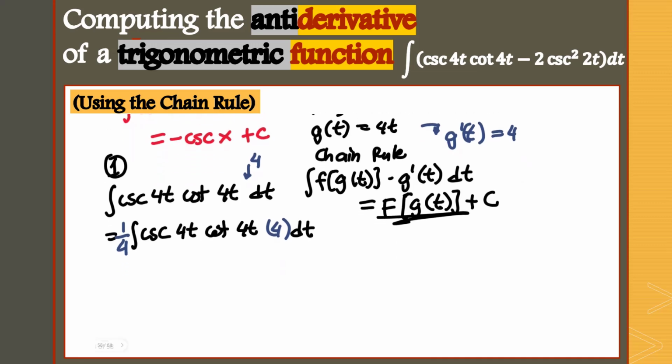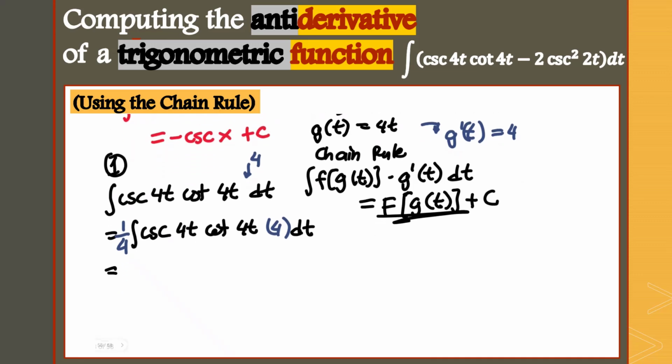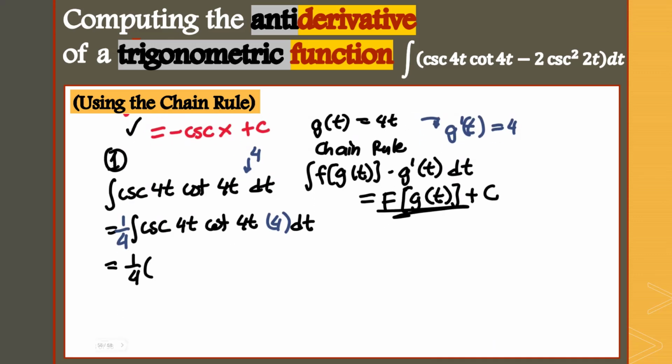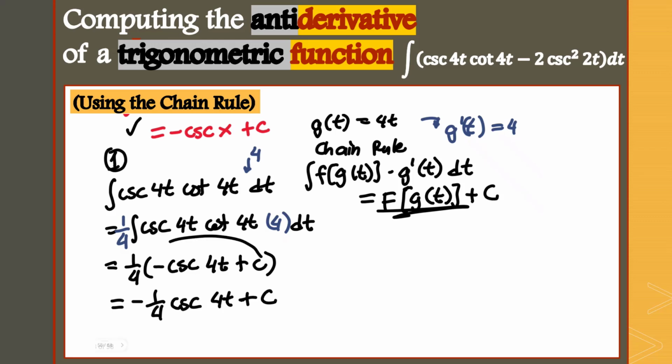And with that now, let us use the chain rule for this. 1/4, and then the integral of your form here, which would follow this, is actually equal to negative of cosecant of your angle 4t plus c, which would give us negative 1/4 cosecant of 4t plus c. 1/4 times c, just write it as c.